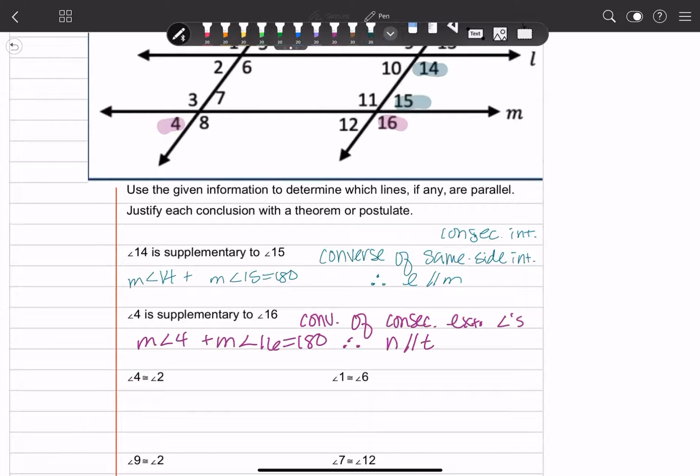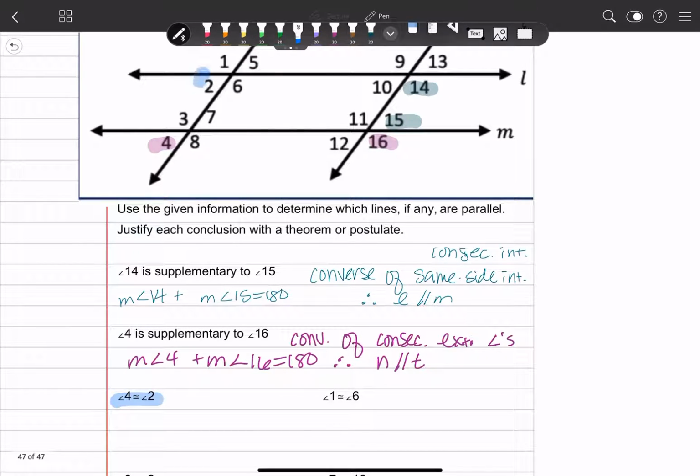All right, now let's go ahead and look at this blue. Angle 4 is congruent to angle 2. So now we've got angle 4 is congruent to angle 2 right here. And you can see that's a copy-paste or corresponding angles. So we're going to write converse of corresponding angles.